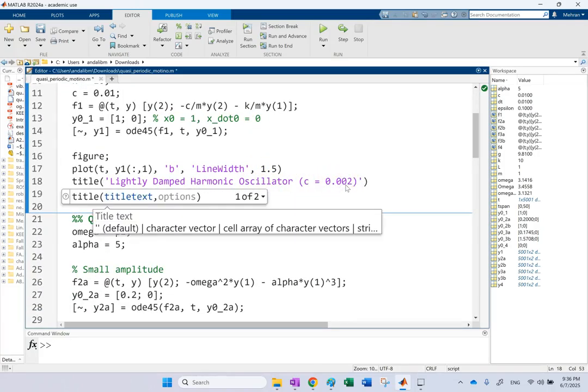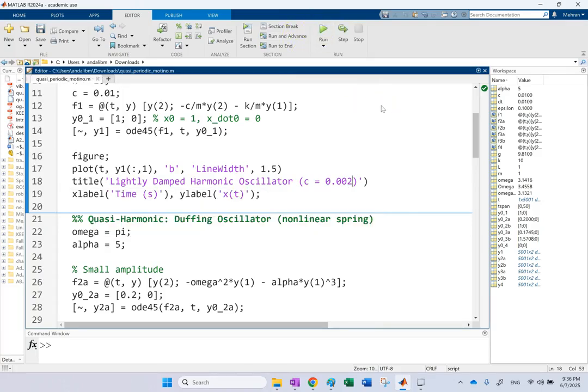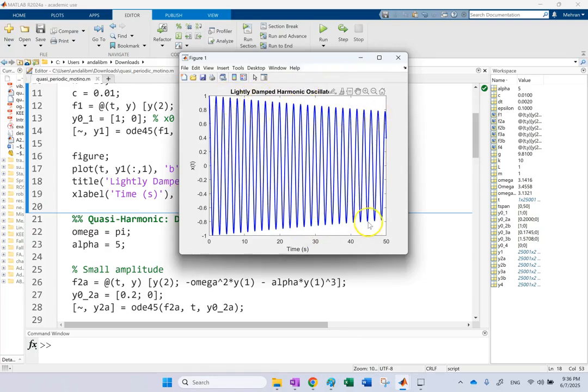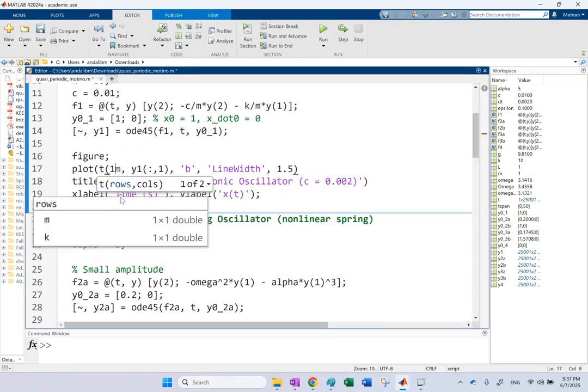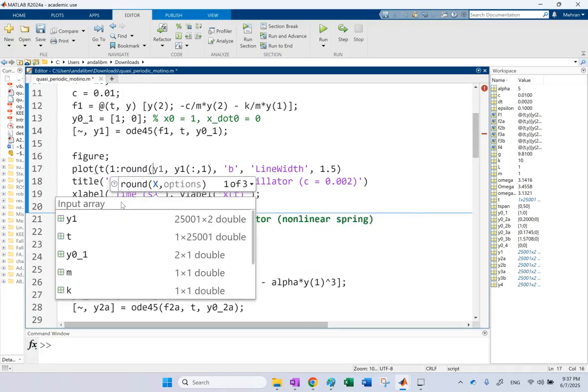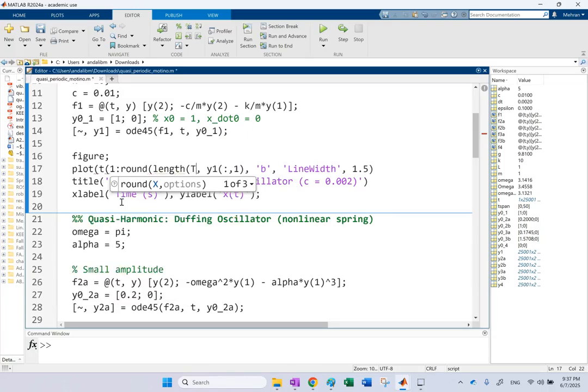Now, even in 50 seconds, it is not easy to see that, right? So look here. You see, it is very small, even with 50 seconds, the amplitude. And if you plot it over 10 seconds, then absolutely you are not going to see much of a change. So all you need is to go from 1 to, let's say, round of length of t over 5, something like this.